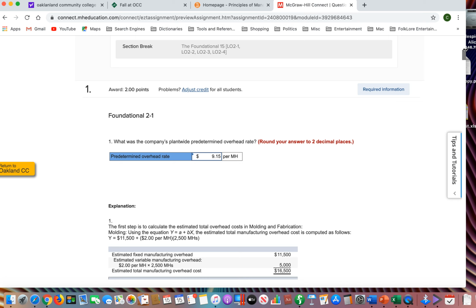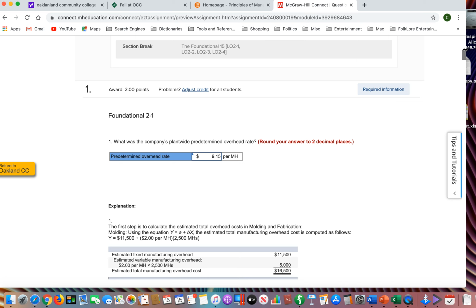Alright, now we're going to get into doing it by department. Okay? What were the company's predetermined overhead rates in the molding department and the fabrication department? Now they're asking you to determine it by department, not plant-wide, but by individual department.